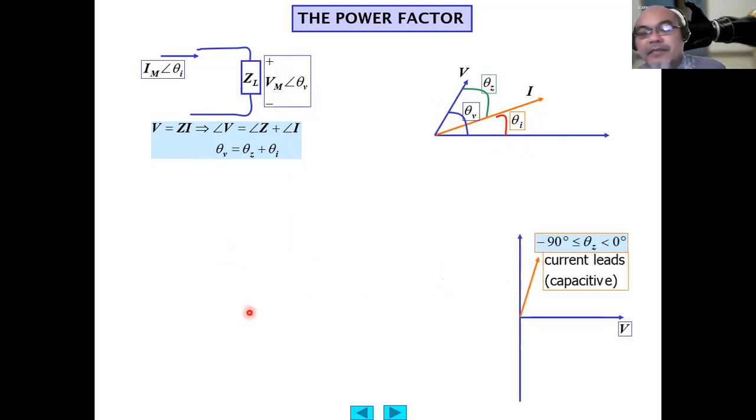So when current leads the voltage, then we know that it is capacitive.